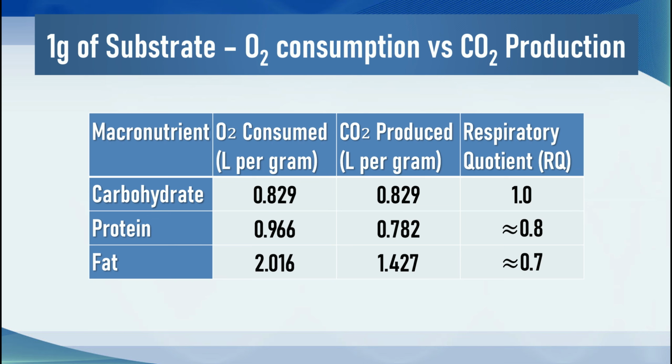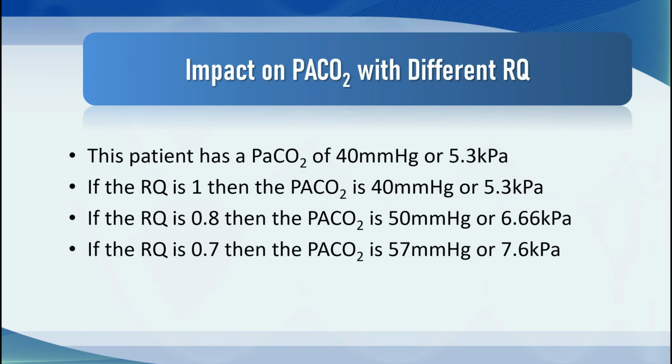For protein and fat, there is significantly less CO2 produced per gram versus oxygen consumed. If you divide the CO2 produced by the O2 consumed, the result is the respiratory quotient of 0.8. In this example, this is for protein, but in a balanced diet, on average, the respiratory quotient is 0.8.